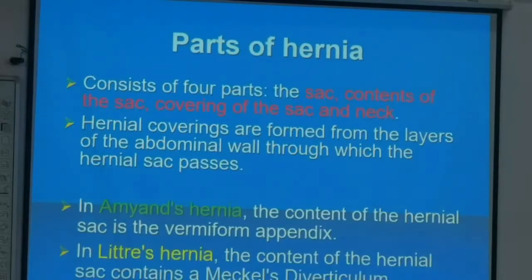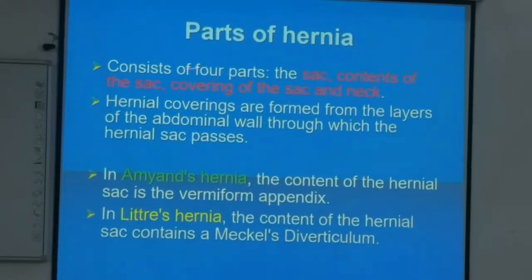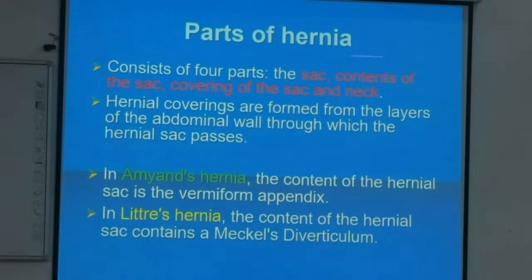Next, what are the parts of the hernia? Hernia consists of 4 parts: the hernial sac, the contents of the sac, covering of the sac, and neck of the hernia. According to the content of the sac, the name of the hernia is different. Hernial coverings are formed from the layers of the abdominal wall through which the hernial sac passes.